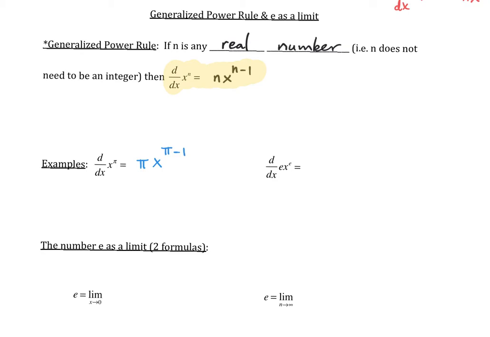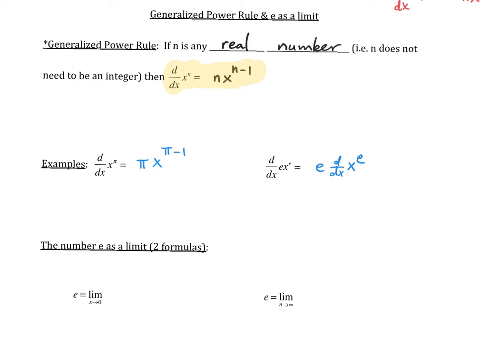Let's take a look at another example. If you had e times x to the e power, in this case, this e in front is a constant multiple. So if you wanted to, you could factor that constant multiple out first. So this could become e times the derivative of x to the e power.